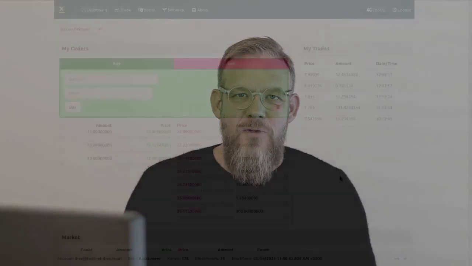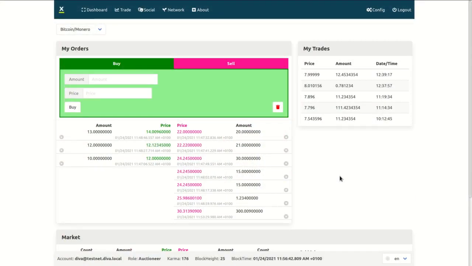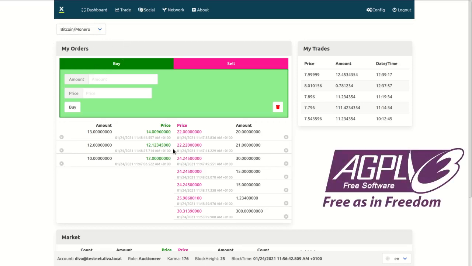Now I'd like to do a quick tour of the user interface of DIVA so that you have seen where we are today. You see here the trading functionality, so the order book. The order book consists of a bid and an ask side, that's buying and selling, but that's a bit finance talk. And you see what the challenges are in the user interface. This has to look much nicer, that's what we believe, but the functionality is here, so you can add orders to buy.